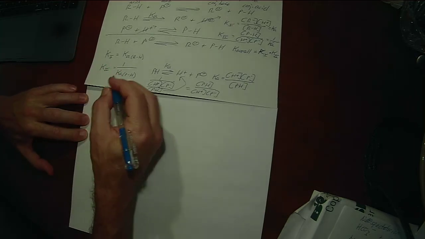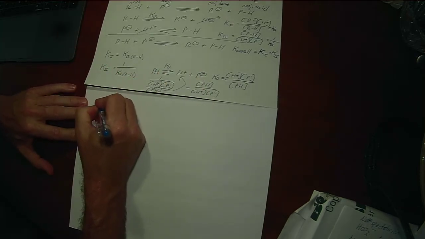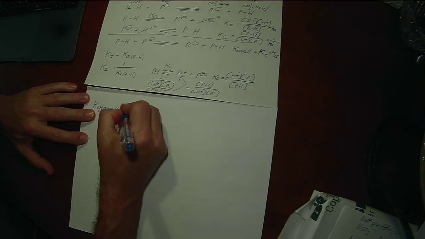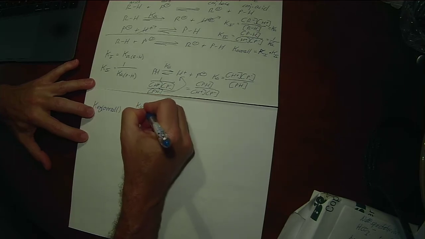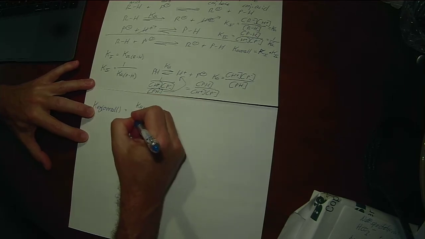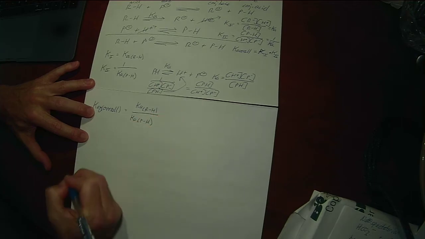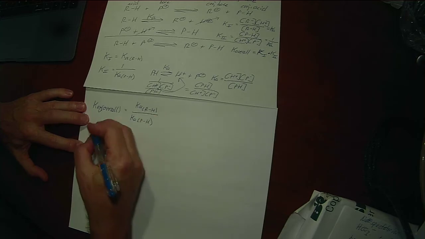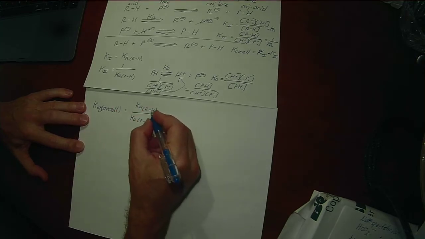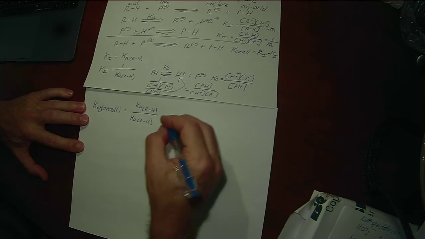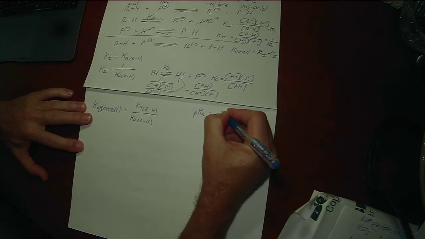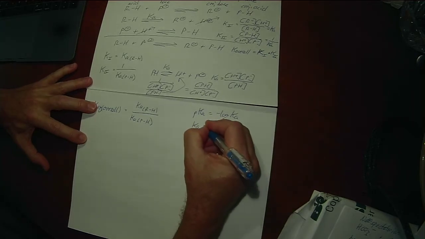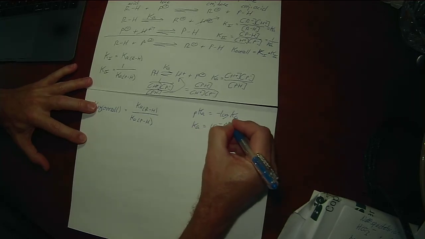So once you have that, you know your overall equilibrium constant, K_eq overall, is equal to Ka for the reactant acid divided by Ka for the product acid. Then we can plug in, because we know that pKa is minus log of Ka, that Ka is equal to 10 to the power minus pKa.